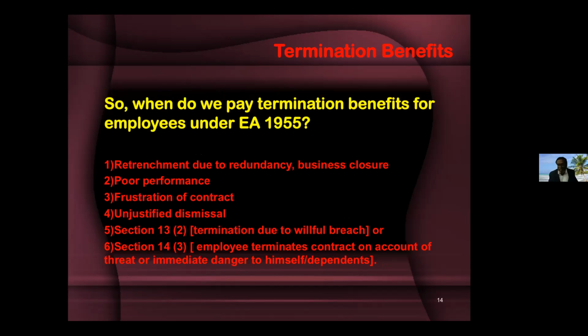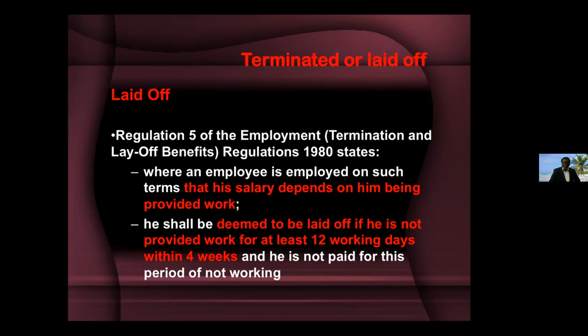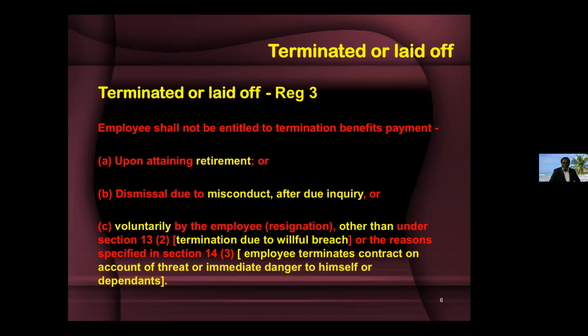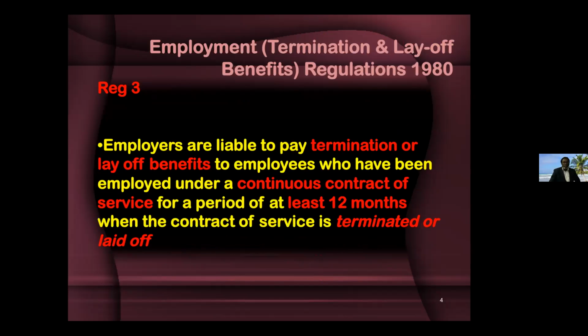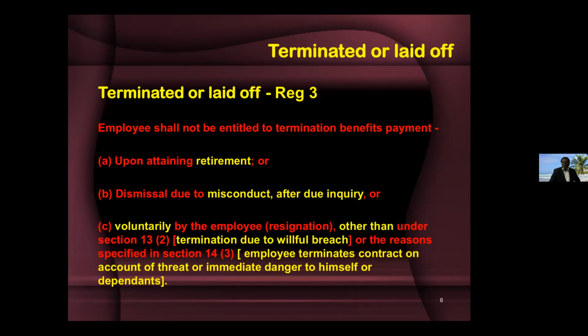Okay, as I mentioned earlier, we've been through the regulations, which have talked about the conditions or situations whereby employees shall not be entitled to termination benefit. Reciprocal is the other way around.